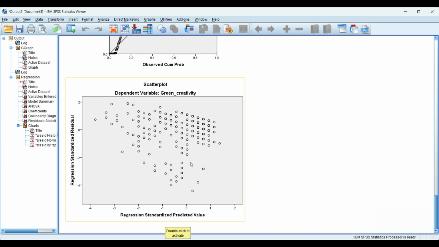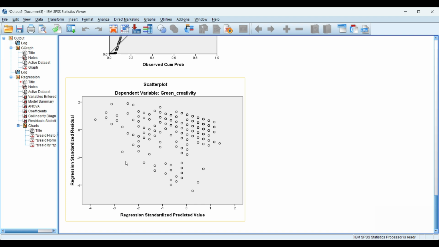You can see here that the residual scatter plot contains a visible systematic pattern instead of completely random scattering. The linearity assumption may also be violated, or the regression model may be missing an important nonlinear component, because this is not a linear scattering. So in this case, we would use nonlinear regression analysis.